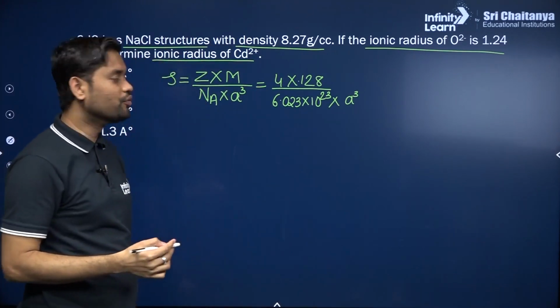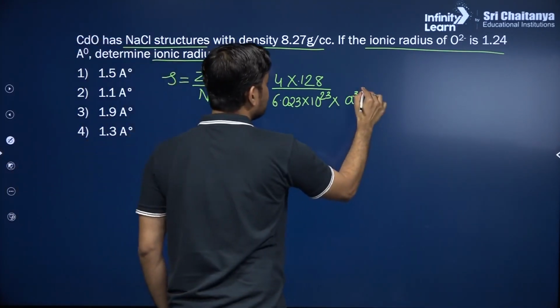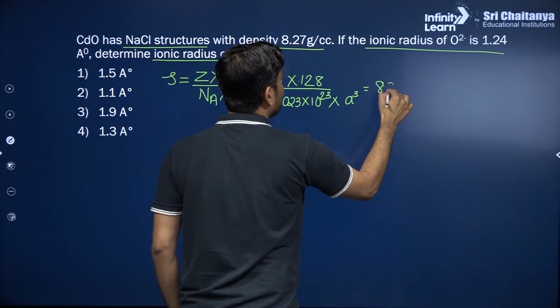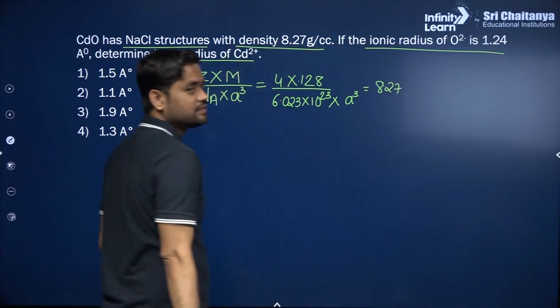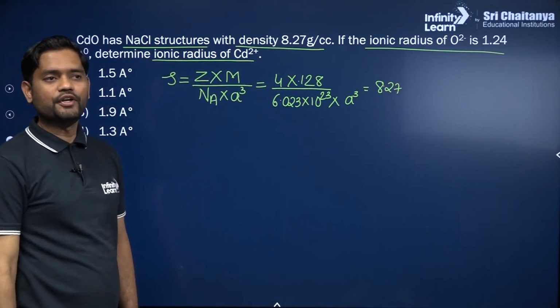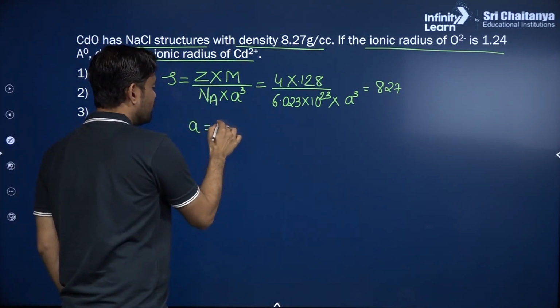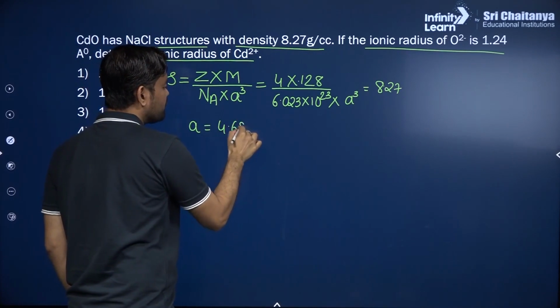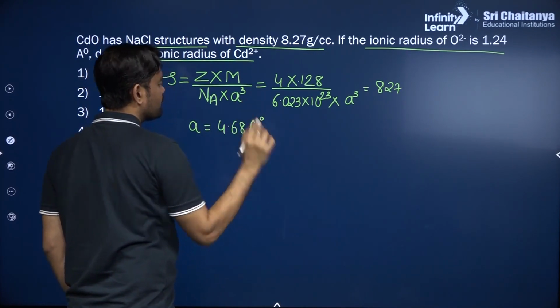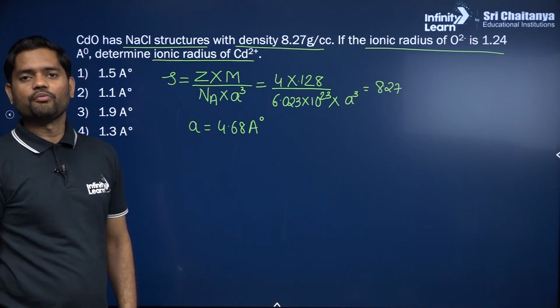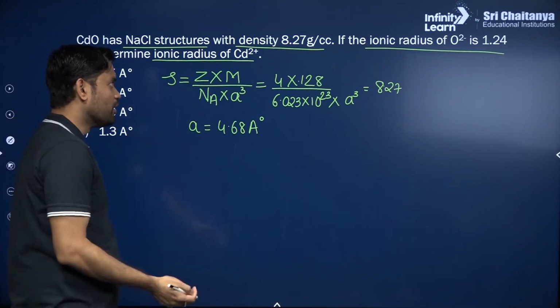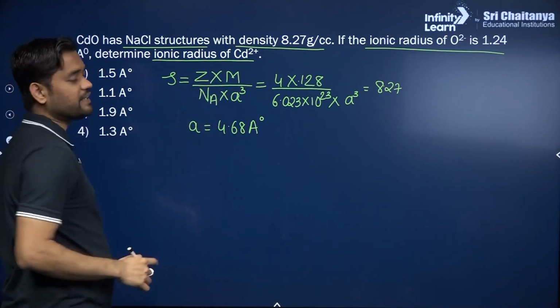Okay, edge length we don't know, and this entire thing is equal to 8.27. If you solve this, you'll get an edge length of around 4.68 Angstrom. Now we need to calculate the radius of the cation.